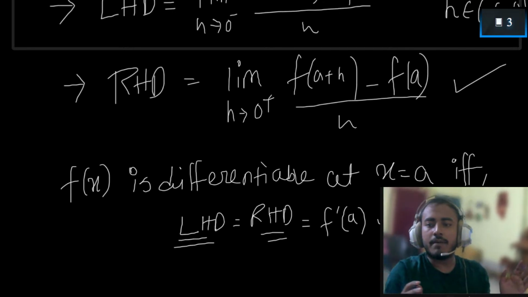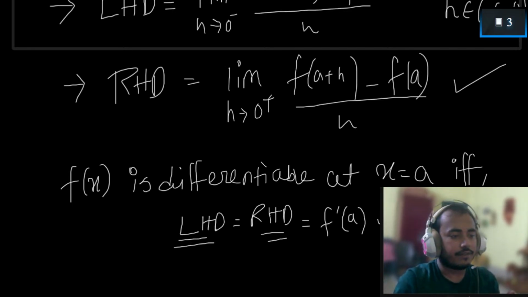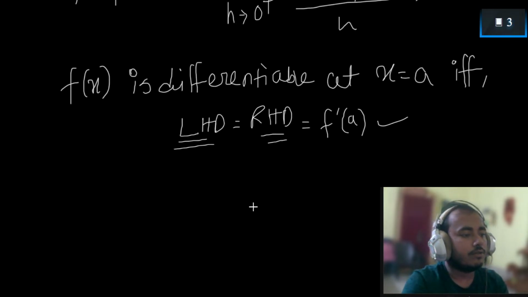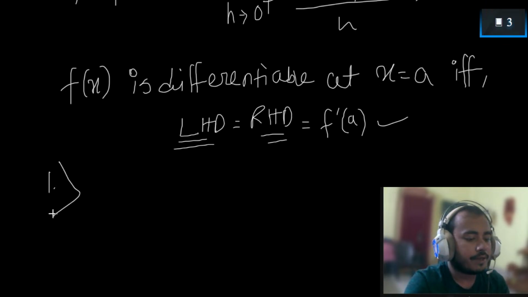If all these criteria are satisfied, you can say that f of x is differentiable at the point a. Correct? Let's see some examples. This is a very important example which I'm going to show now.